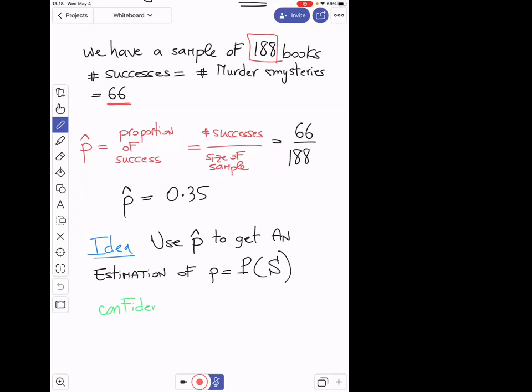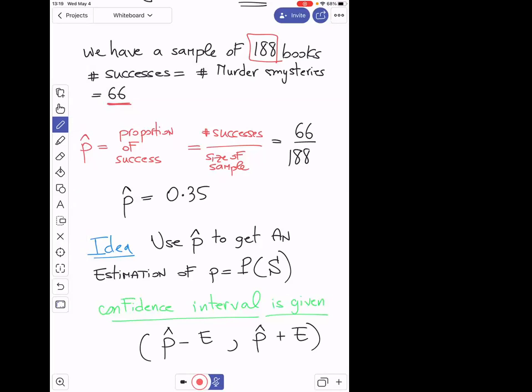Instead of x bar minus e, x bar plus e, instead of x bar we're going to use this p hat. So the confidence interval is p hat minus e, p hat plus e.